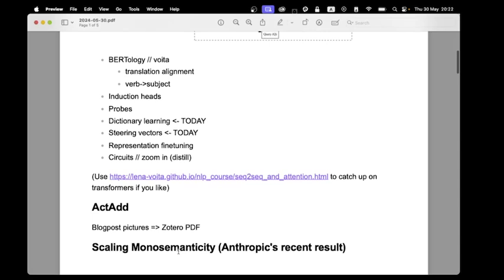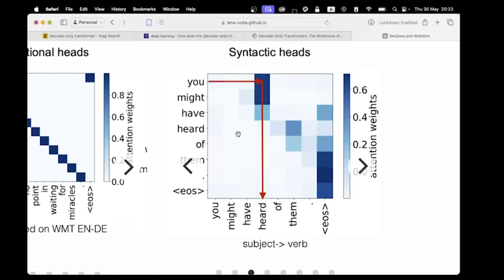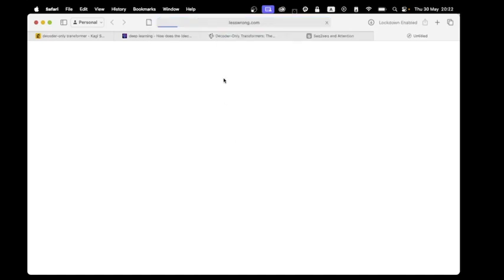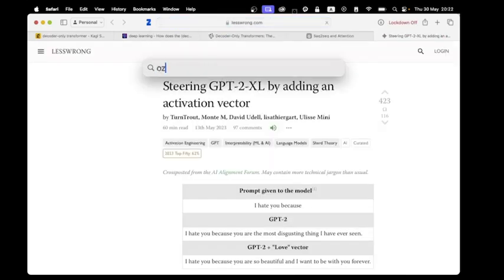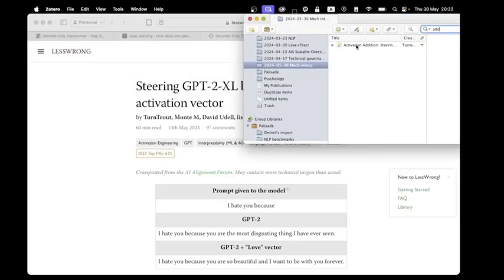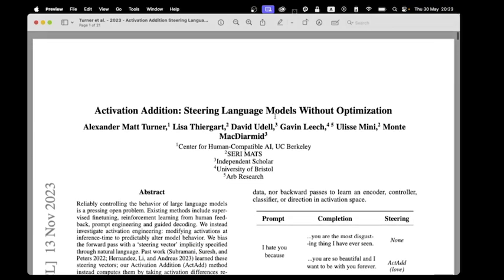Okay, so before we go to the main event of today, I'd like to start with another paper, which is also interesting and just short to cover. I think I have a blog post here somewhere. Steering. And I open the PDF file. Yep.